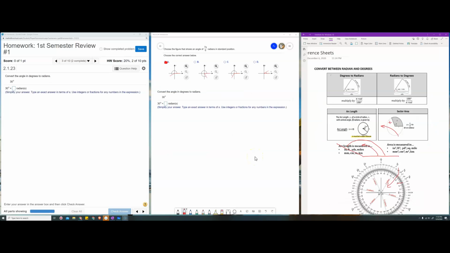Number 3, convert the angle in degrees to radians. So on our reference sheet, we're going to look at the degrees to radians formula, and it says multiply by pi over 180. So we take 30 degrees times pi over 180.